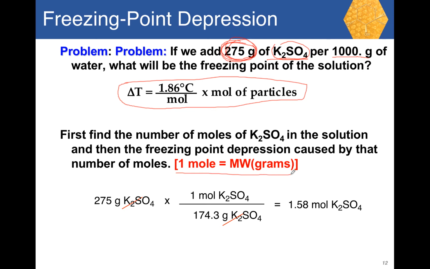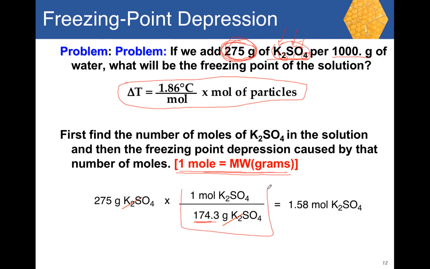Get your periodic table again and look at potassium, find its atomic weight, multiply that by 2, sulfur, multiply that by 1, and of course oxygen, multiply that by 4 and add that up, and what you'll get is 174.3 grams per mole. So that's the molecular weight of potassium sulfate, and here's your conversion factor.